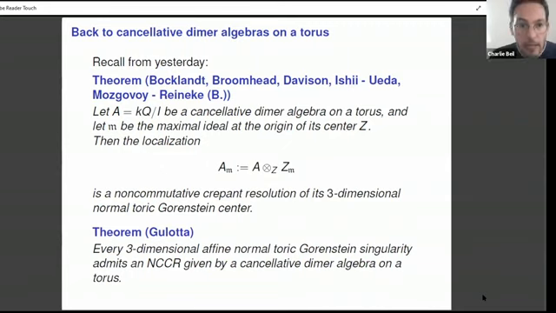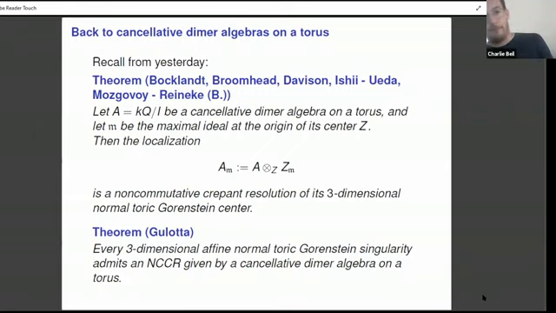Also around this time, Broomhead showed the converse. Every three-dimensional affine normal toric Gorenstein singularity admits an NCCR given by a cancellative dimer algebra on a torus. So it really shows that the cancellative dimer algebras on a torus are very closely related with three-dimensional toric geometry.